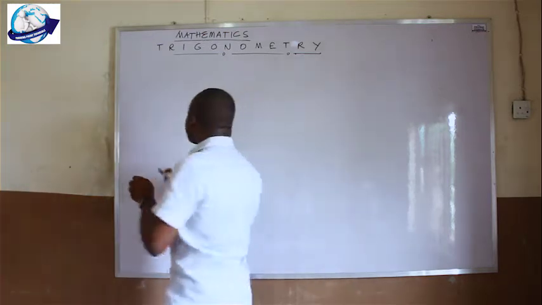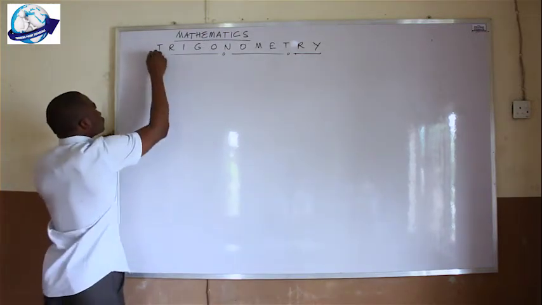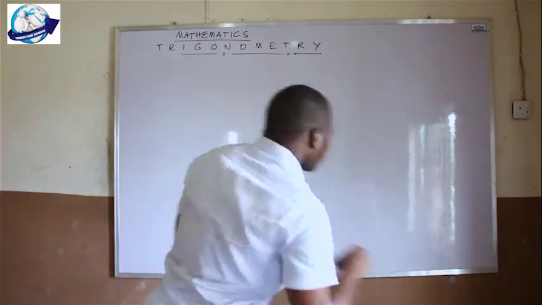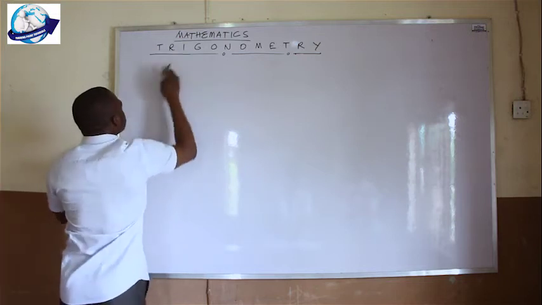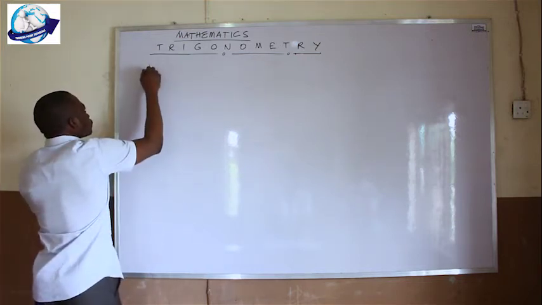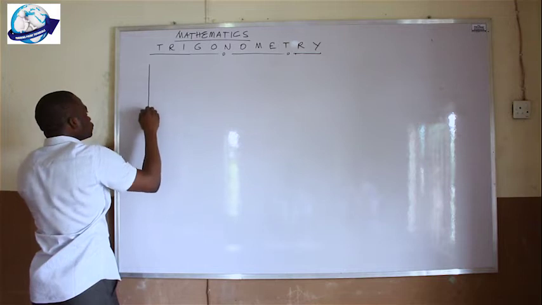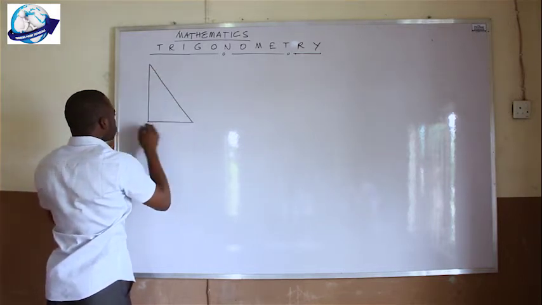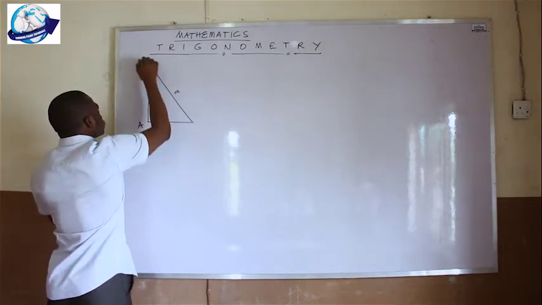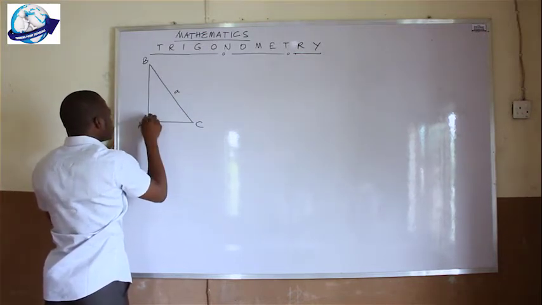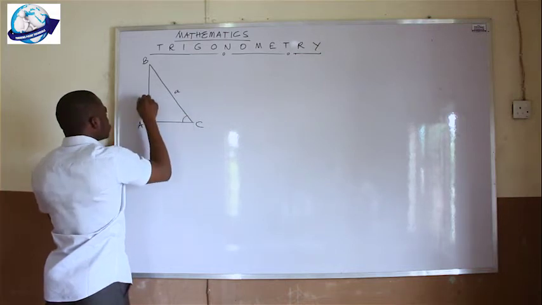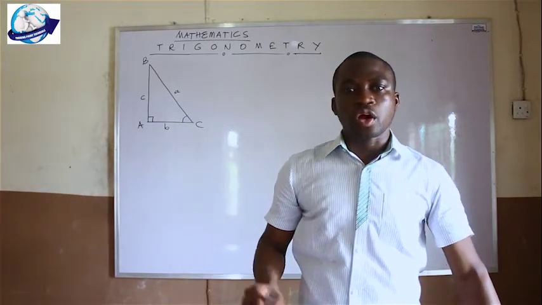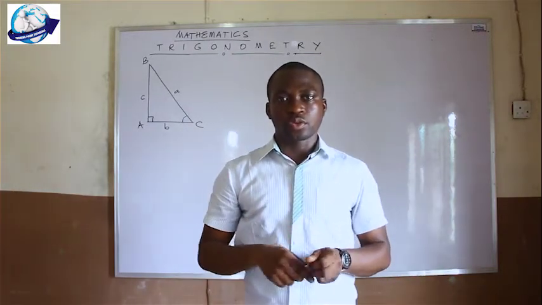Go with me on the board. So this is the right angle triangle we will be dealing with.